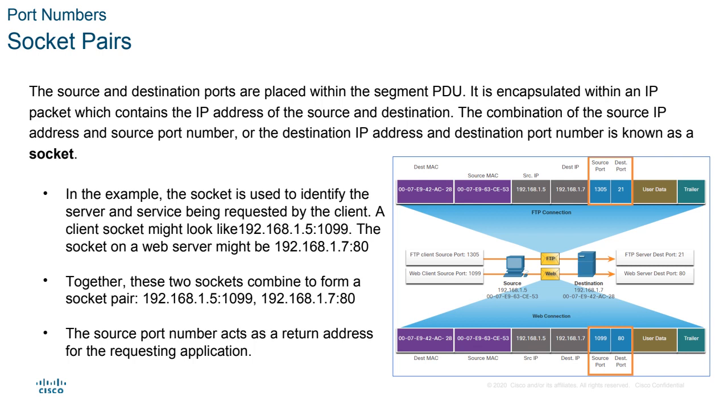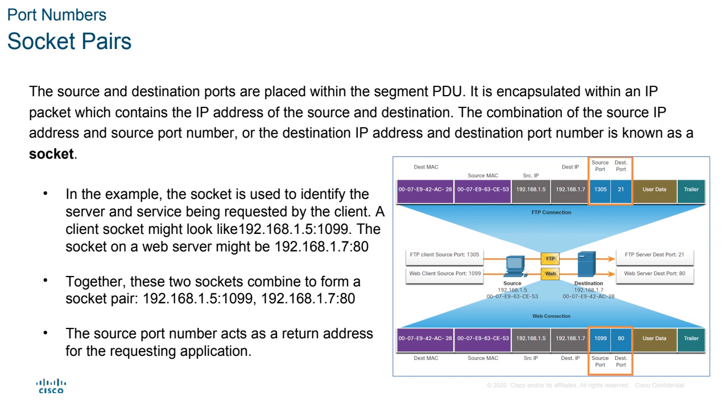Then I will ask you a question here. The source sends a request to this IP address, which is maybe the server, and this is the port number. The server replies to the IP address of the original sender, whoever is requesting. And here the port number is 80. What does it mean that the port number is 80?